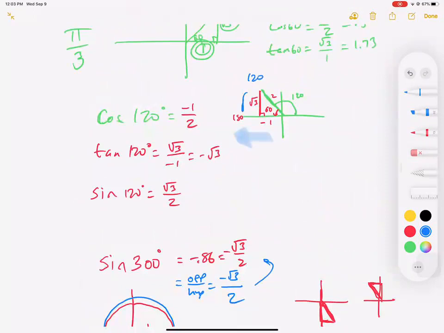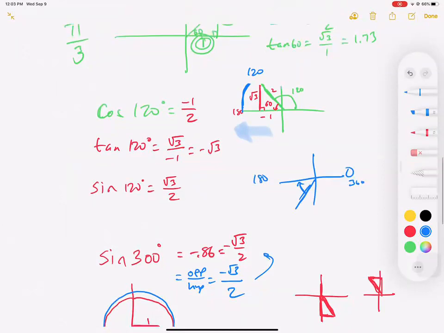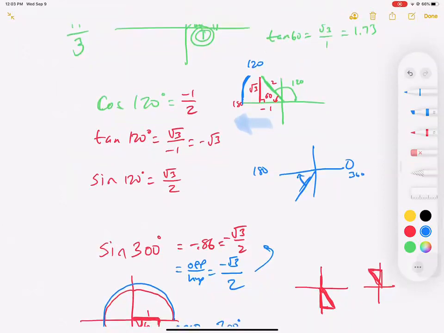How much left do I need to get to 180? 60. So the reference angle is always the angle that brings you back to the horizontal, whether it's 180, 0, or 360. Okay. Thank you. Anyone else with any questions, please?